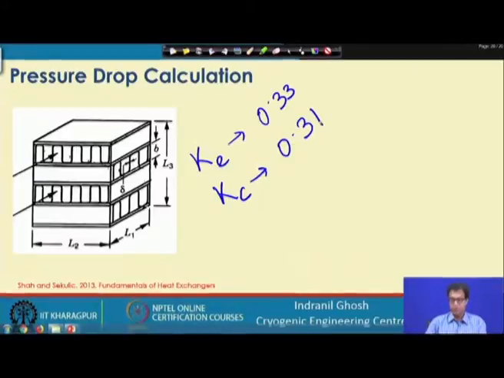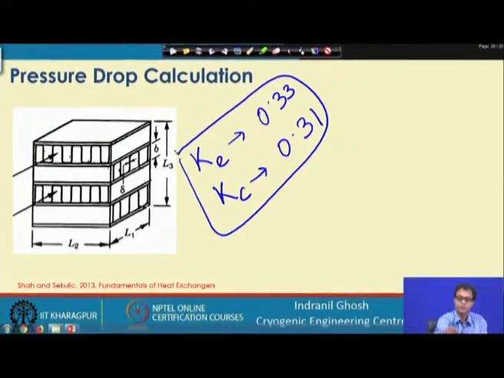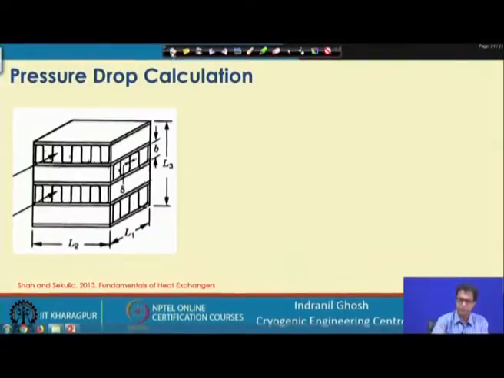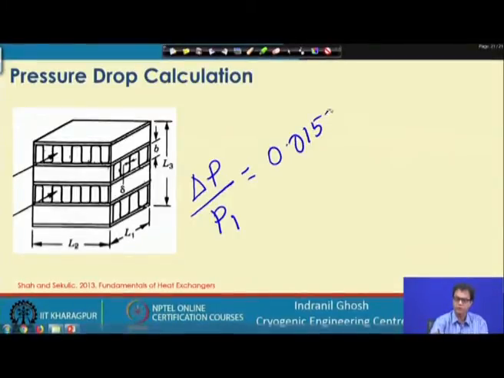So, then all these parameters are now known to us. So, accordingly we can find that delta P by P1 will come out as 0.01536.